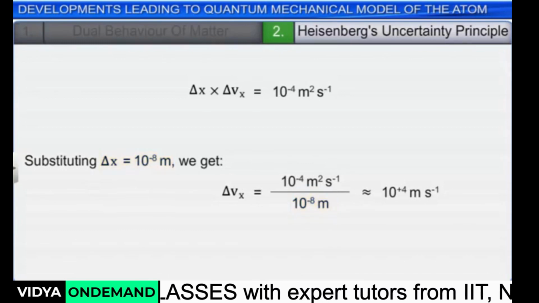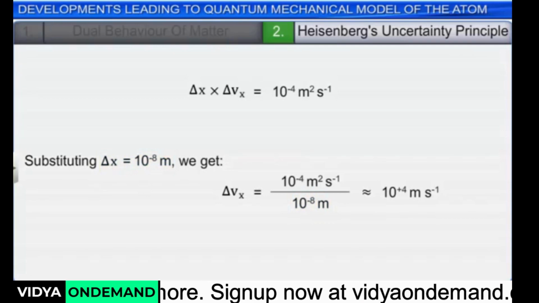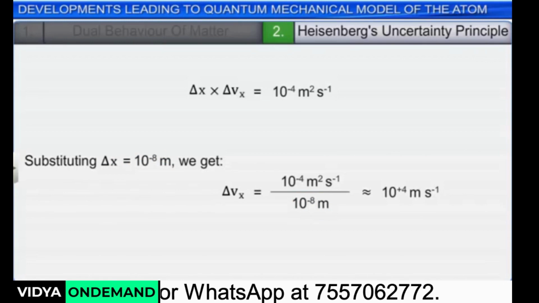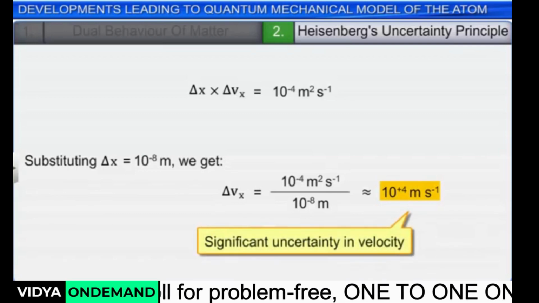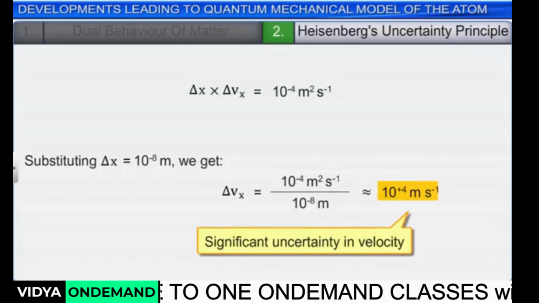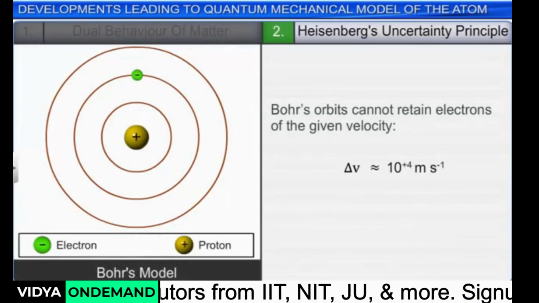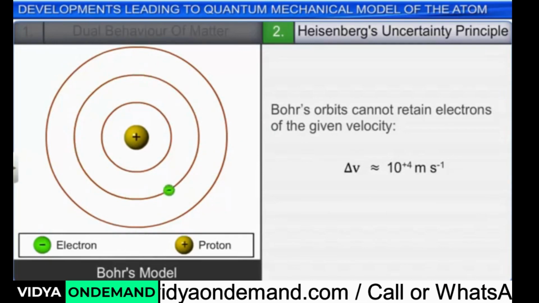This means that if one tries to find the exact location of the electron to an uncertainty of only 10 to the power minus 8 meters, the uncertainty in velocity becomes enormously significant. This value of uncertainty in velocity is so big that the classical picture of electrons moving in Bohr's orbits becomes unrealistic.